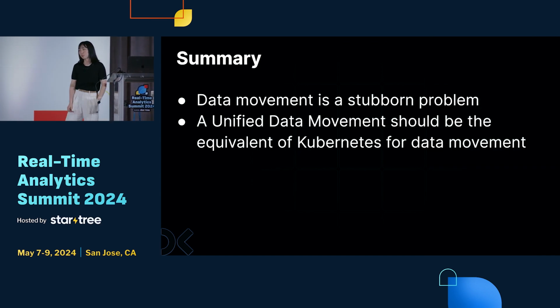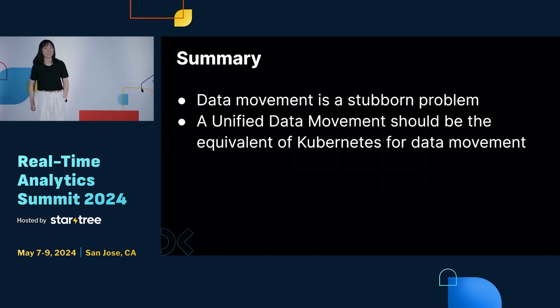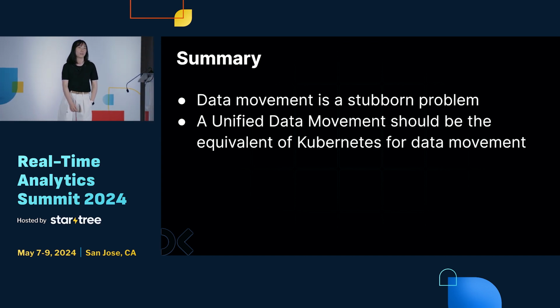So in summary, data movement to us is a stubborn problem. It's been there for 20 years, lots of tools. It's still a problem that everyone has. For us, unified data movement should feel like a Kubernetes for movement. Think about when you used to deploy applications.